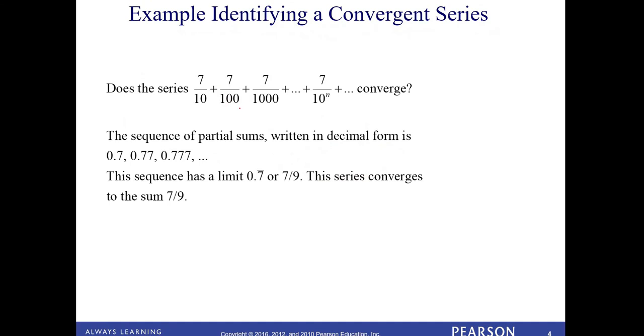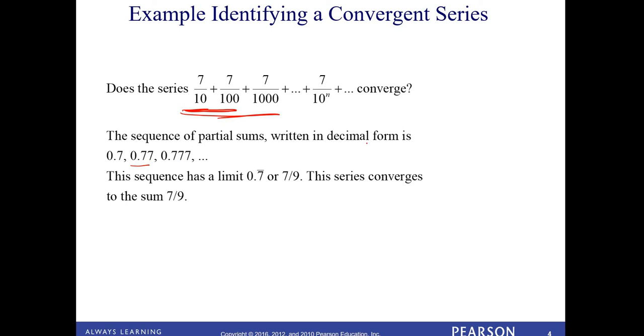A convergent series. The series 7/10 plus 7/100 plus 7/1000, on and on and on. So again, the first term is 0.7. If I add the first two terms together, I get 0.77. If I add the first three terms, I get 0.777.